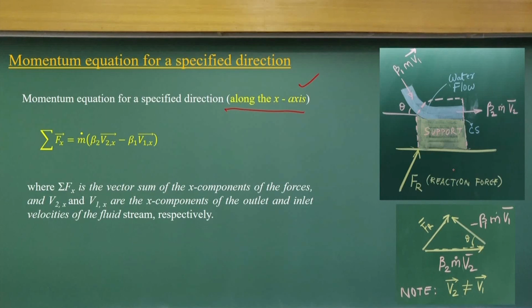If I resolve only the x direction component, then I will find the momentum flux in the x direction only, not the y or z direction, although I can have 3 equations.